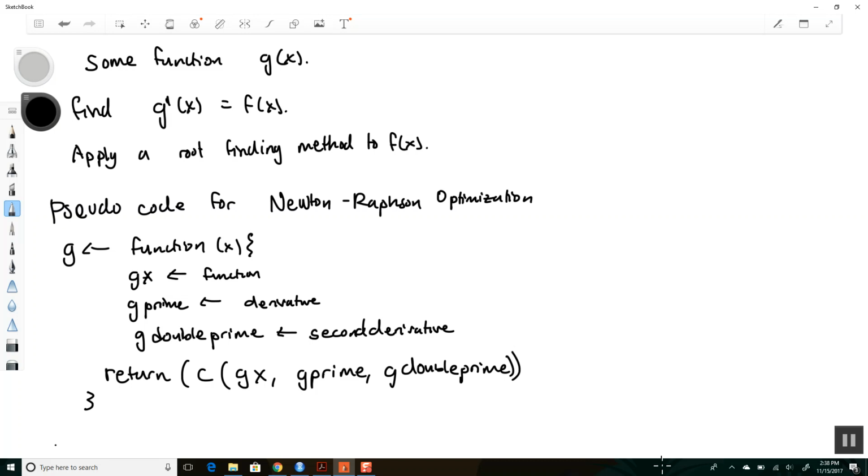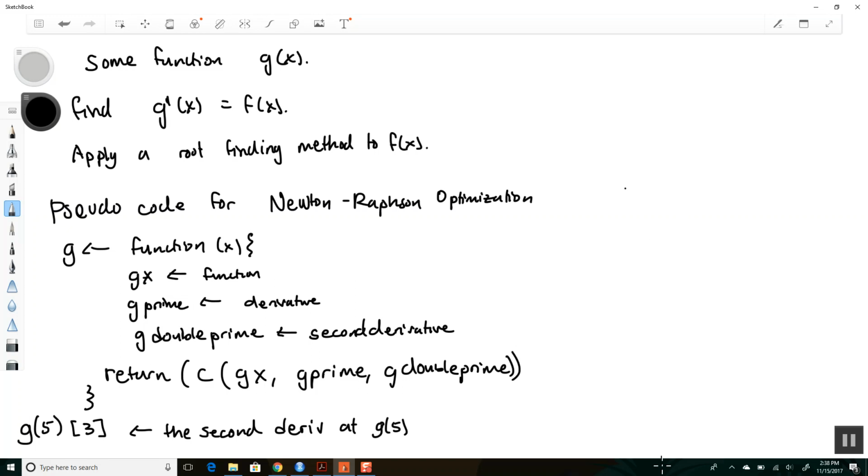So you say g of 5, and then you can do bracket 3, and this will be the second derivative at g of 5.